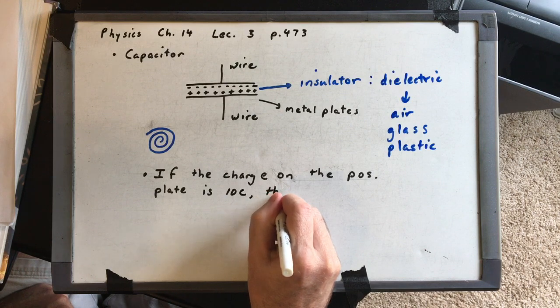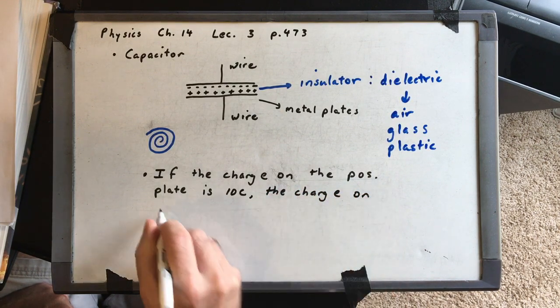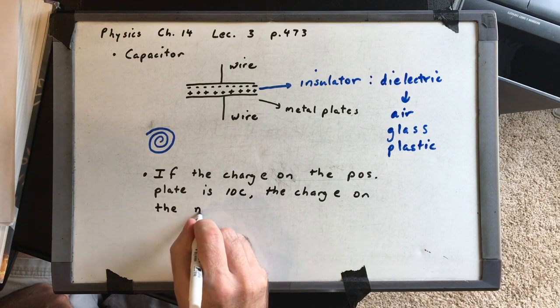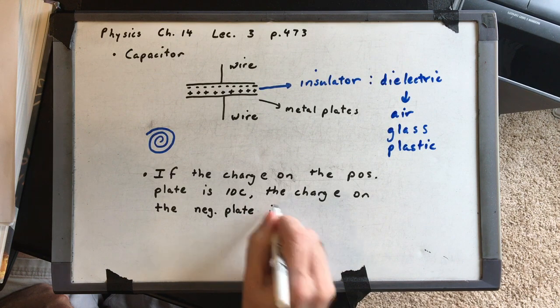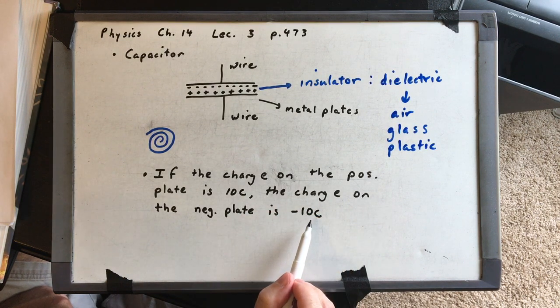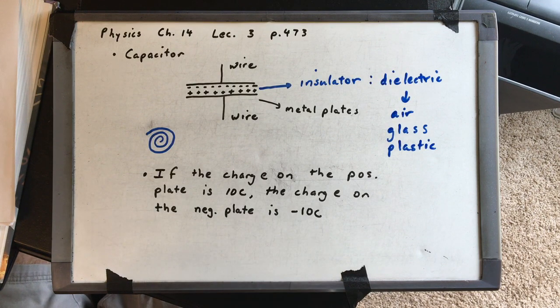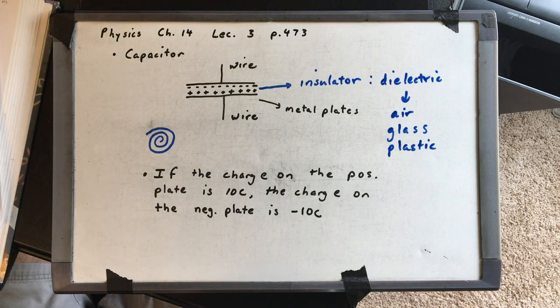Okay, the charge on the negative plate is minus 10 coulombs. So you're going to have the same magnitude of charge, just different signs, depending on which plate that charge resides.